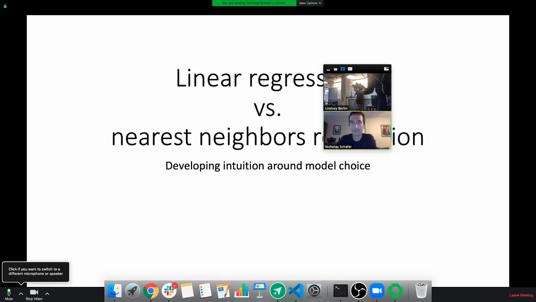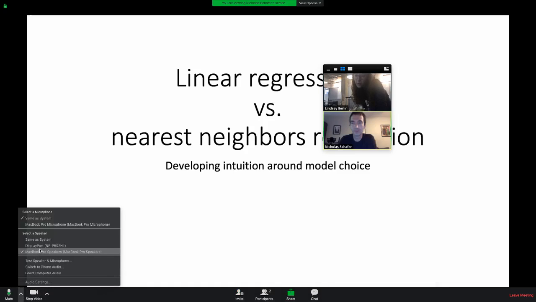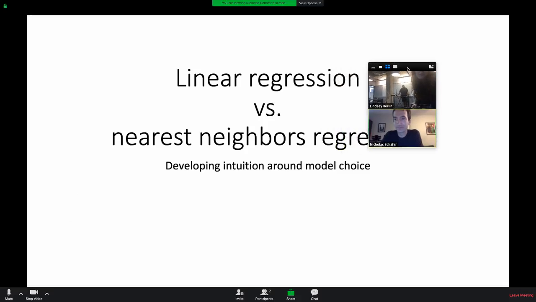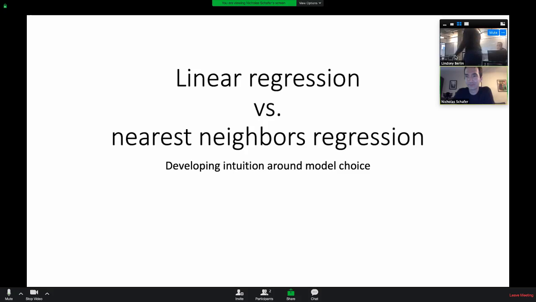Are you trying to do the volume through that? Nick, can you say something? Hello. Still going through my computer. DisplayPort maybe? Can you say something else? Linear regression. There we go. We got you. What a strange thing to say. Zoom puts their menus in the strangest places.